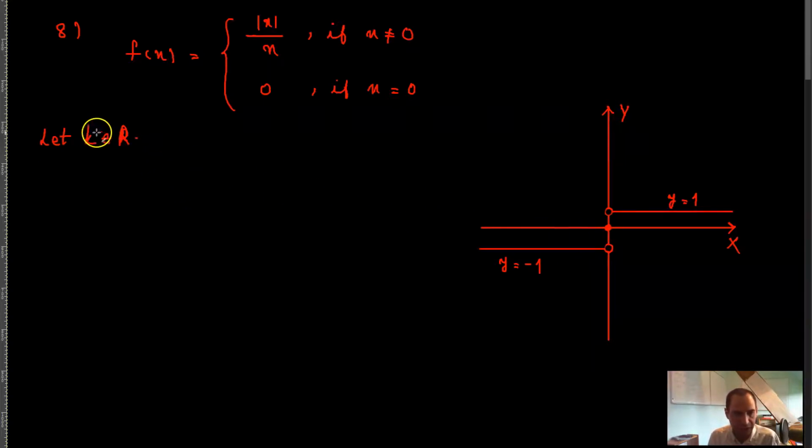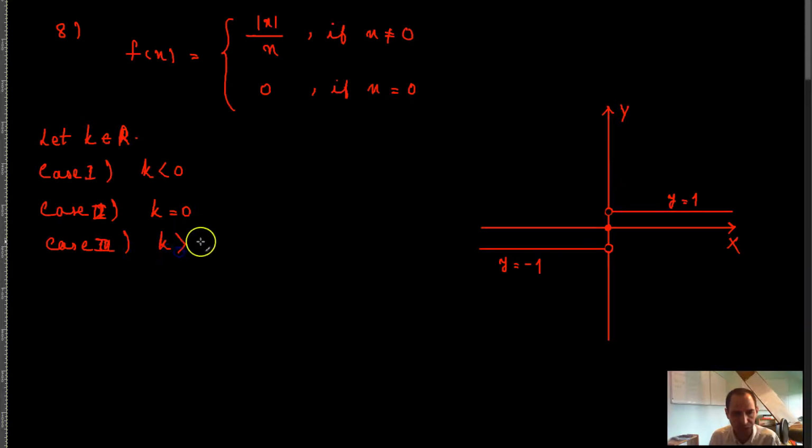If that is the case, then we have 3 cases. Case 1, k is less than 0. Case 2, k is equal to 0, and case 3, k is greater than 0.